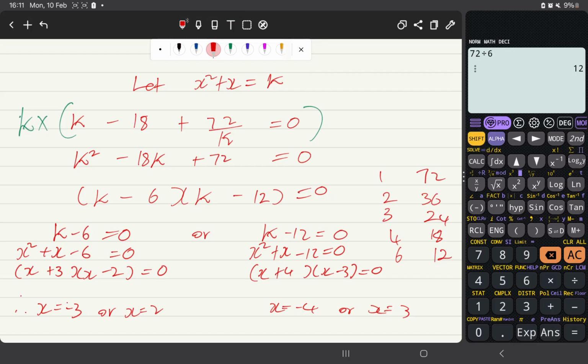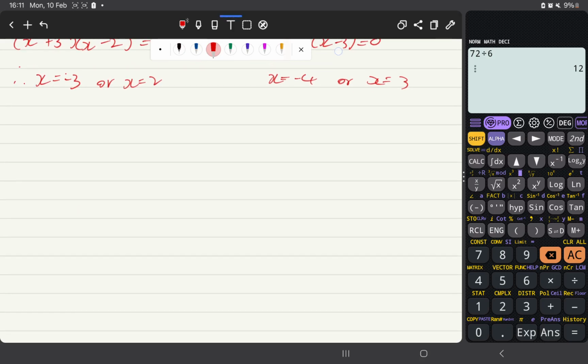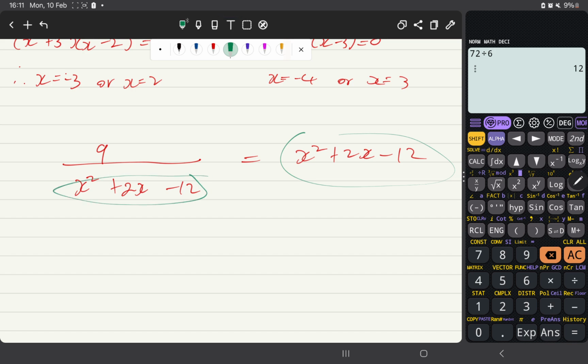So yeah, this is how we use this whole thing of substitution. There are many other problems. Let me just give you this one just for interest's sake. So this one you already see that these two parts are the same.